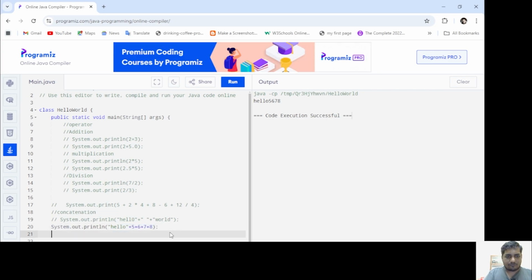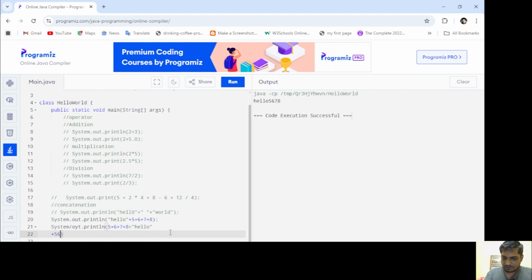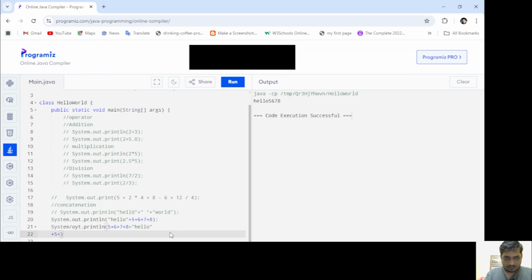Similarly, if System.out.println, okay, now we will do 5 plus 6 plus 7 plus 8 plus same hello. Okay, hello plus 5 6 plus 7 plus 8.